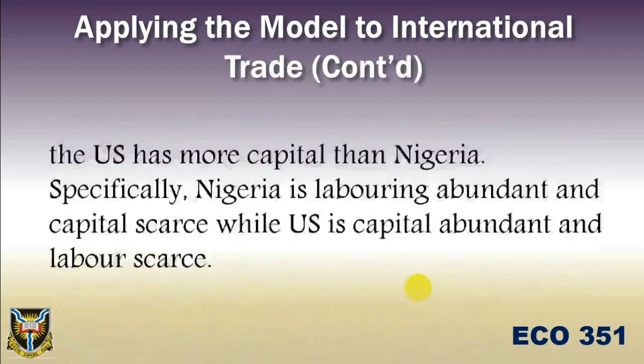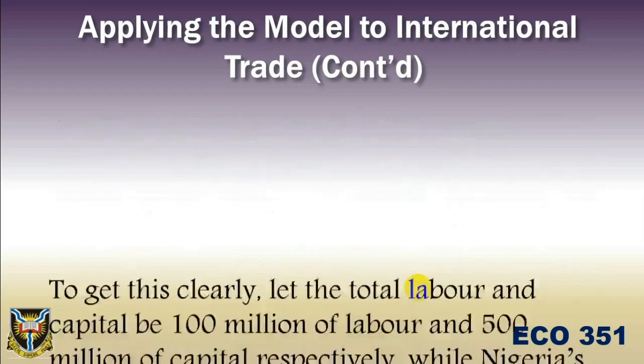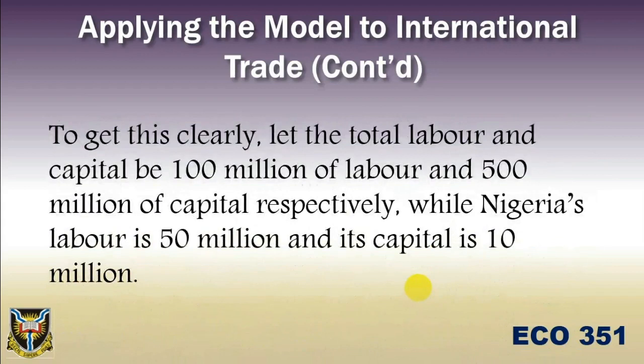Conversely, the US has more capital than Nigeria. Specifically, Nigeria is labor abundant and capital scarce, while the US is capital abundant and labor scarce. You should note that factor abundance in this case is defined in relative rather than absolute terms.